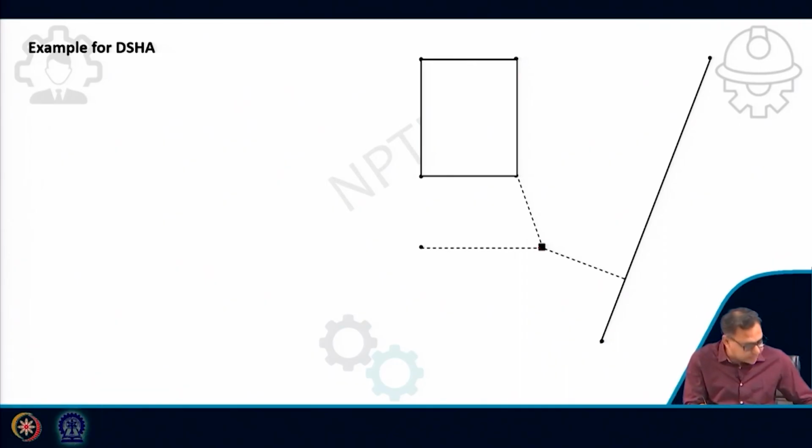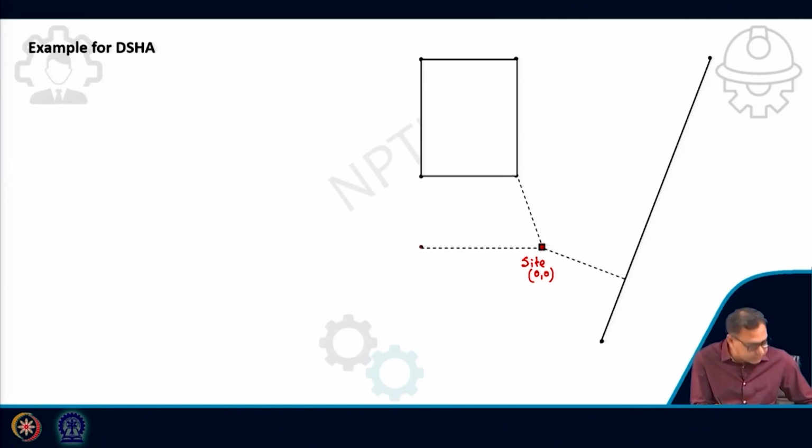This is our site of interest, whose coordinate is taken as 0, 0. At this site, 3 possible earthquake sources have been identified. What are those sources?